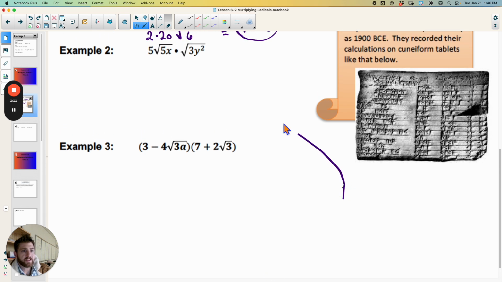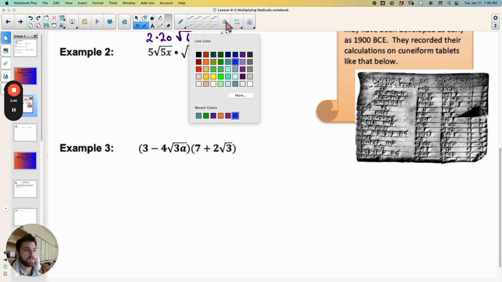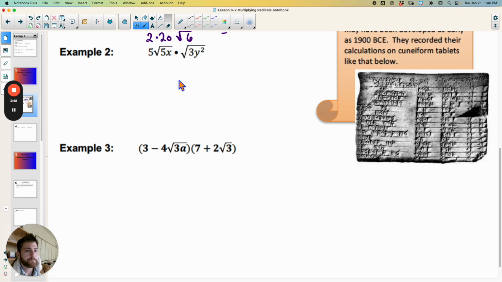So this example, let me change colors here. Okay, so on this one, we're going to multiply the coefficients times the coefficients, and the radicands times the radicands.